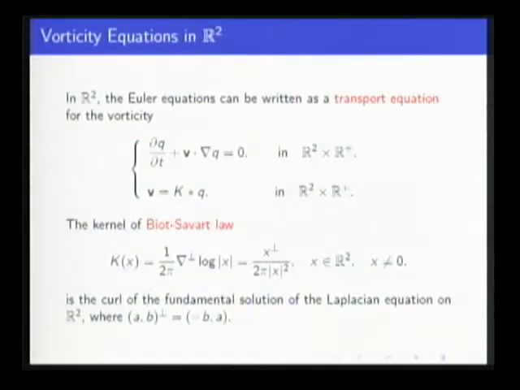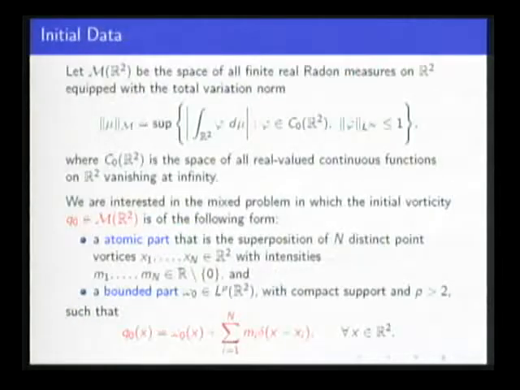In this talk, we're particularly interested in a special kind of measure-valued vorticity. More precisely, we define M to be the space of all finite real Radon measures equipped with the total variation norm. And we'll be interested in the mixed problem in which the initial vorticity Q0 is of a particular type.